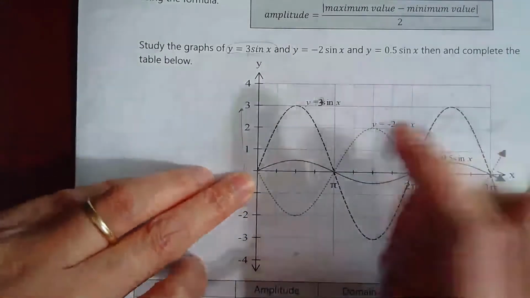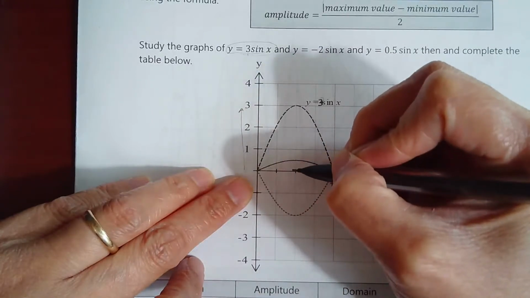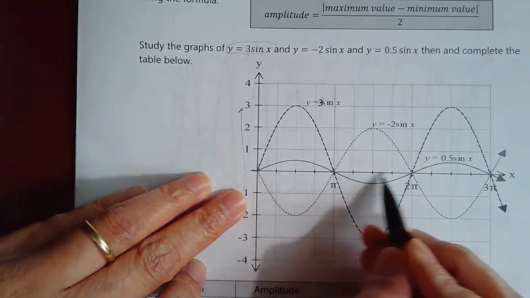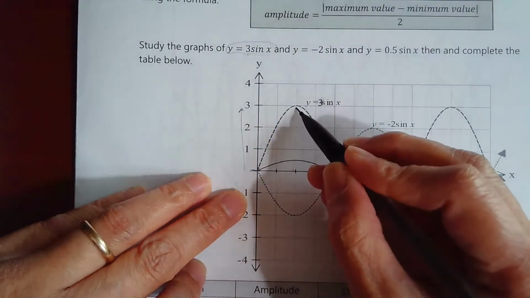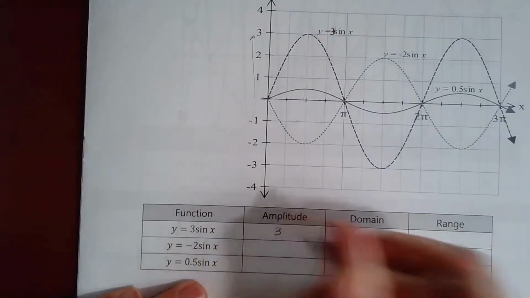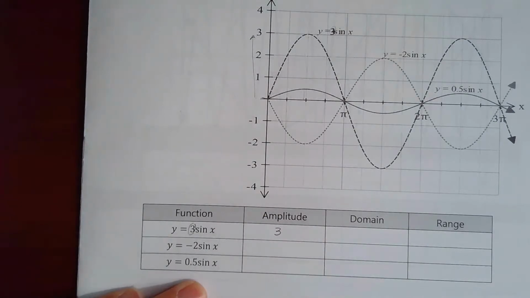So the amplitude here, the distance from the middle line to the maximum, is 3. So the amplitude is 3, and that is the value right there. Amplitude equals 3.